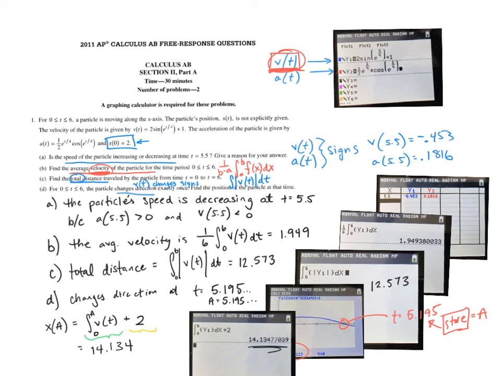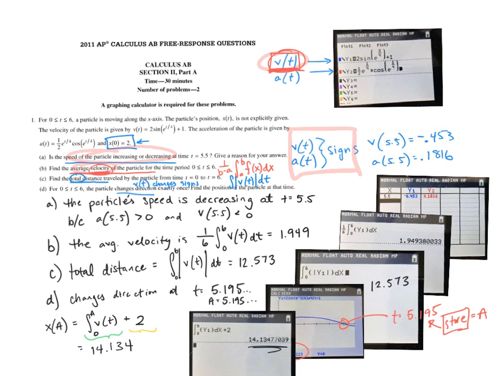So cool. You can see that my calculator did a lot of work for me. I just had to know the concepts. I had to understand some pretty big ideas in this problem. I had to understand, first of all, the idea of speeding up or slowing down based on the signs of a of t and v of t. I had to understand the whole idea of average velocity when given a velocity function.